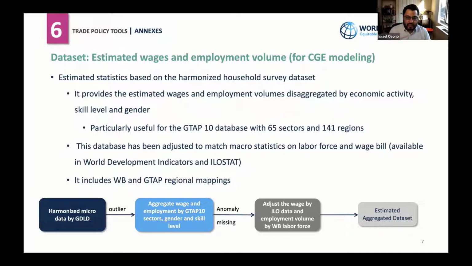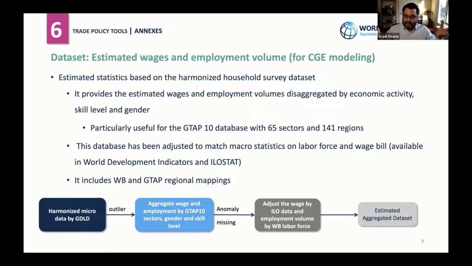So sometimes we have to get the household survey data. They are not necessarily meant to measure labor outcomes, so we try to complement that with labor force surveys or try to get better data for a big sample of countries. Then we harmonize the national classification systems for industry and occupation into the international systems.